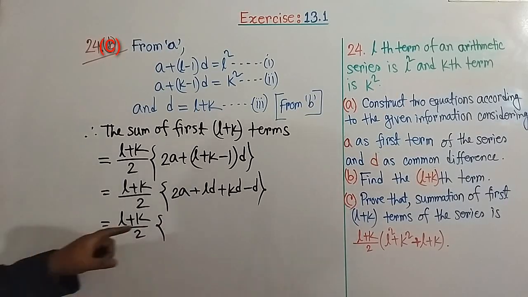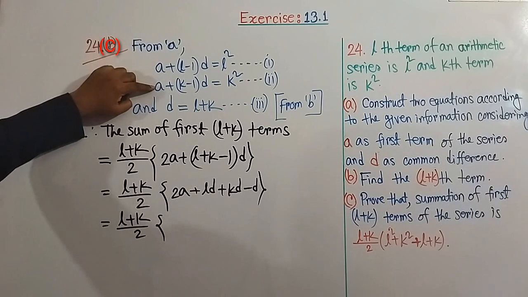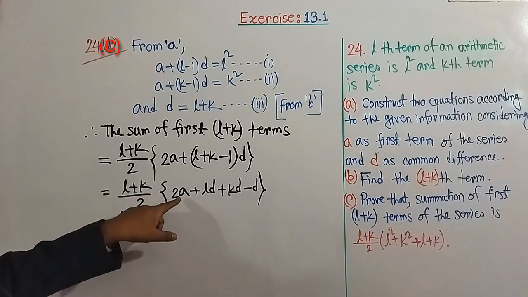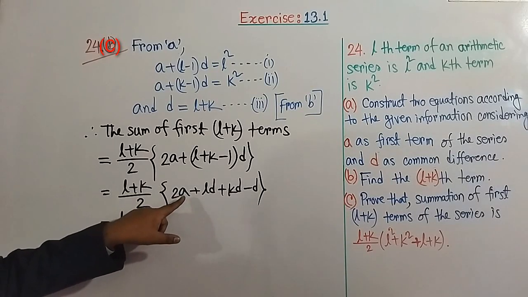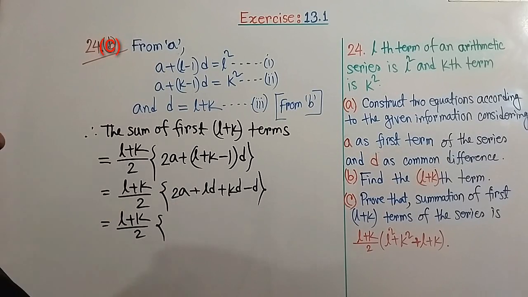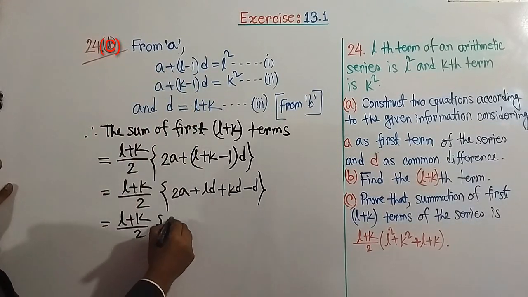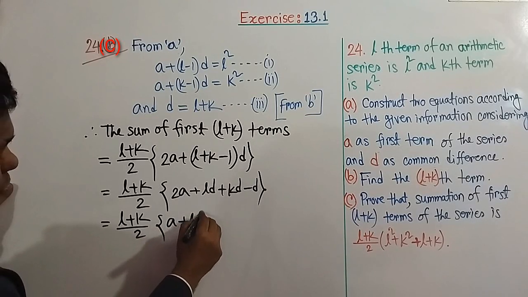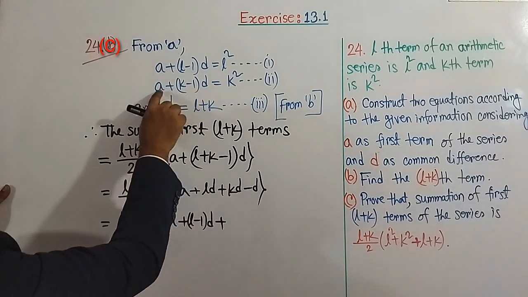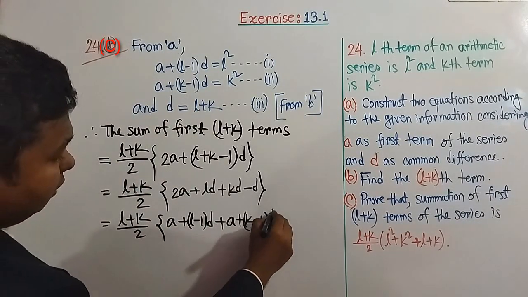Now here L plus k by 2, now here 2a. If we add equation 1 and equation 2, then we get at first 2a. So for removing the unknown variable a, we have to add equation number 1 and equation number 2. So the left hand side of equation 1 is a plus L minus 1 into d, plus the left hand side of equation number 2, a plus k minus 1 into d.